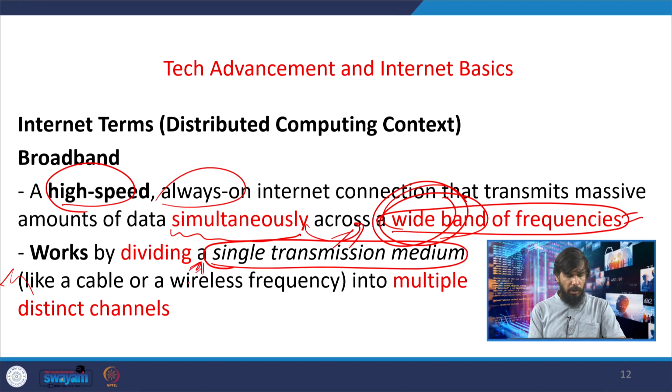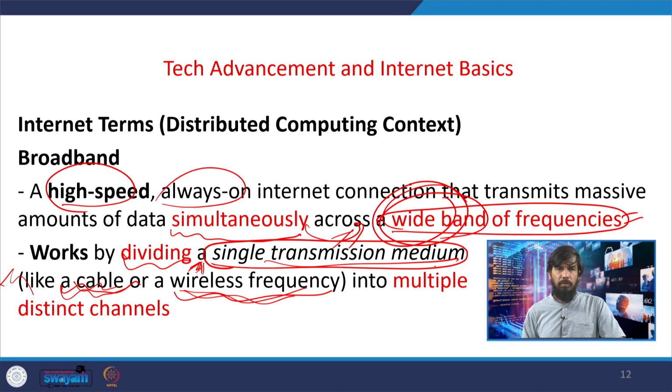Broadband technology works by dividing a single transmission medium, which could be a cable or wireless frequency, into multiple distinct channels, and now these distinct channels can be used to transmit data for different applications. So, overall speed improves, overall end user experience improves, right.